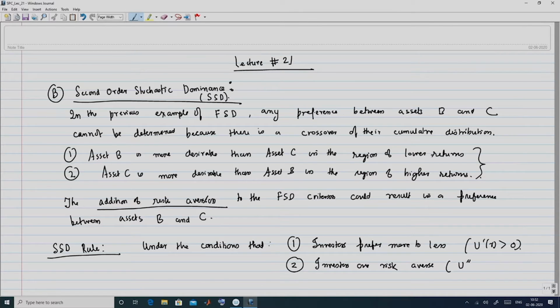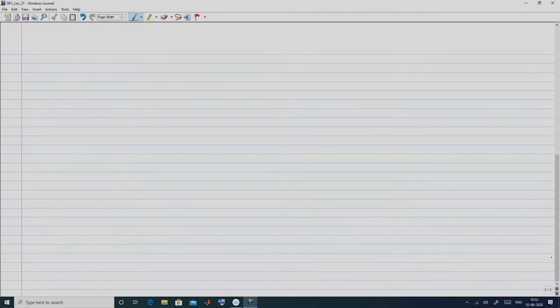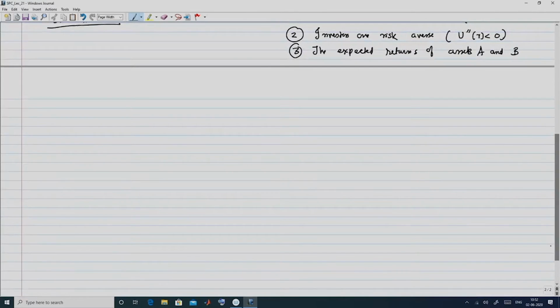So, risk averse means that we have u double prime of r less than 0. So, remember the three cases we had talked about risk attitude of investors, and thirdly, the expected return of assets A and B, they are equal, that is E A of r is equal to E B of r.